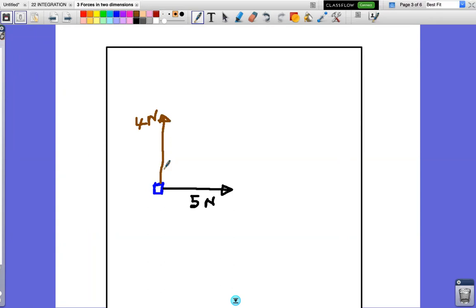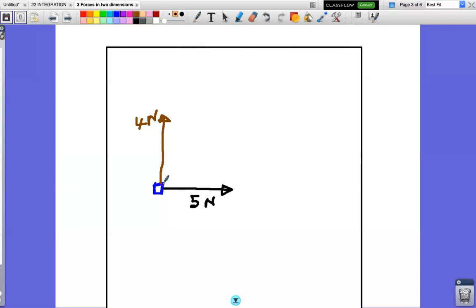But let's say the other person is pulling it in that direction, this person is pulling it in this direction, and this is the tabletop. So the question I ask is, in which direction will the book move?